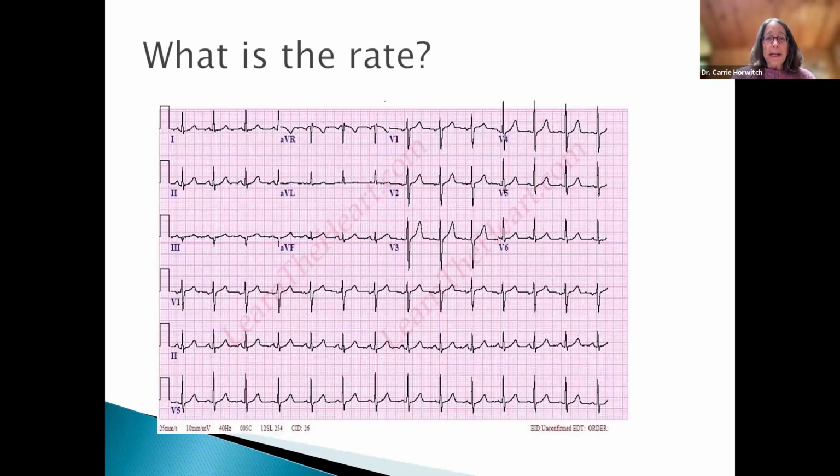So would anybody want to try to tell me what the rate on this EKG is? And again, look at your rhythm strips. This is a 10-second rhythm strip. So if anybody wants to try, just jot in the chat if you think you can use one of the two methods we talked about.